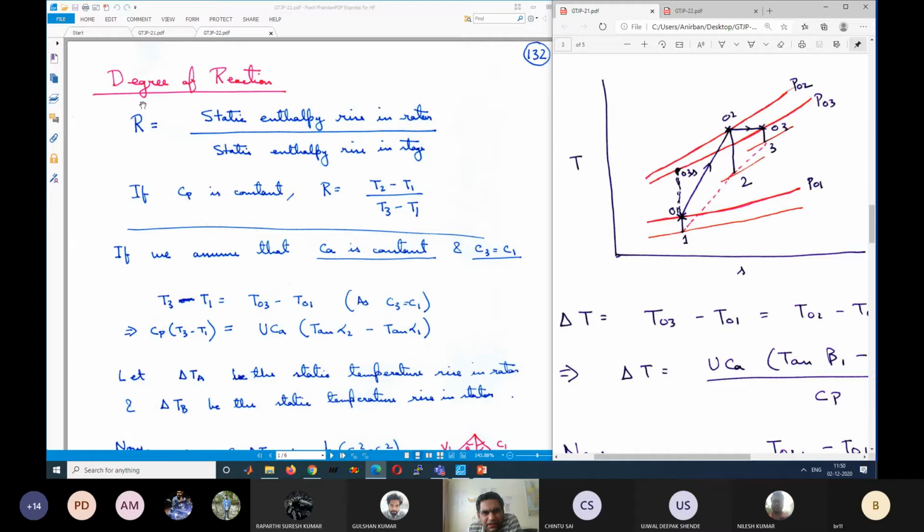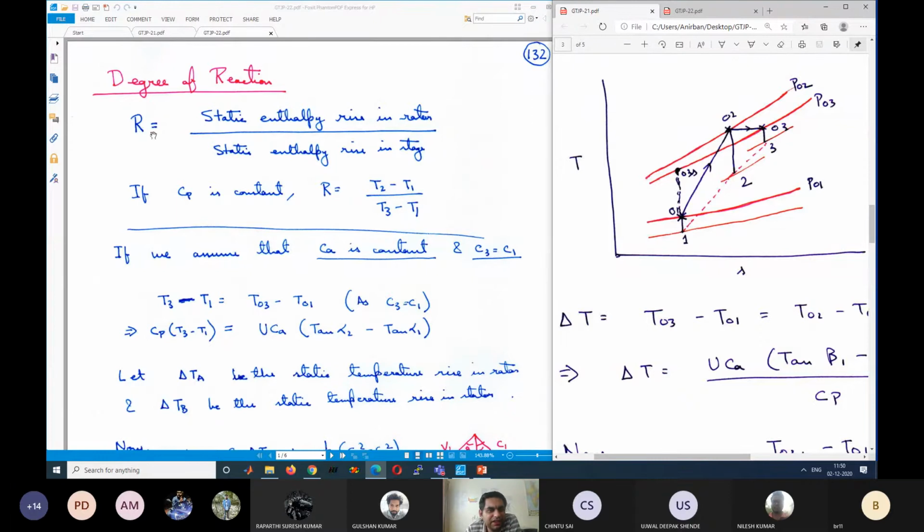This degree of reaction tells us what part of this T3 minus T1 comes from the rotor, whether more or less of it comes from the rotor, whether T2 minus T1 is very large as compared to T3 minus T1, or very small. This is given by the definition of degree of reaction.